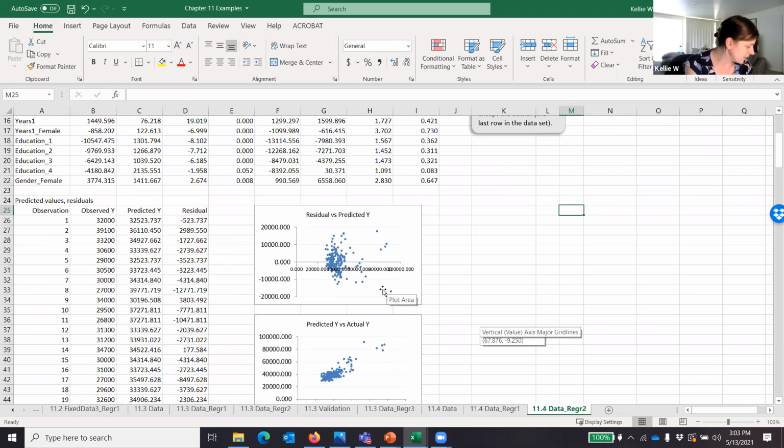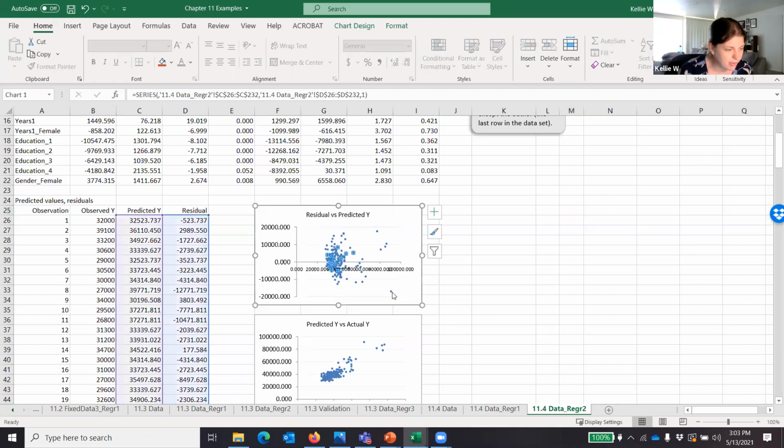You can go through the examples in the book, but I just want you to understand what they look like and how you might identify them. In this graph, this data point right here is worth investigating.